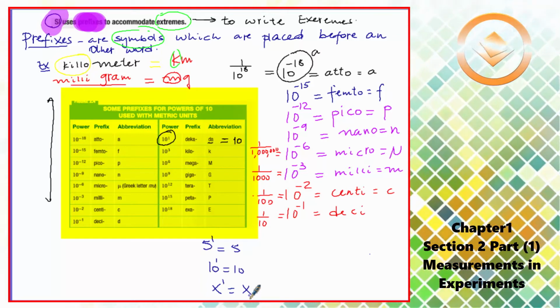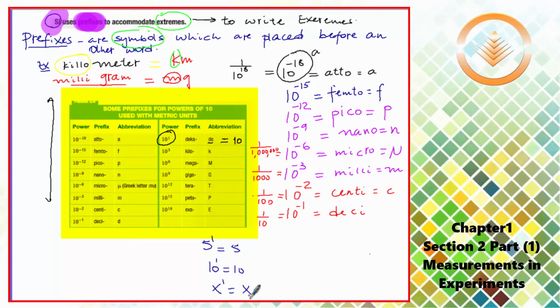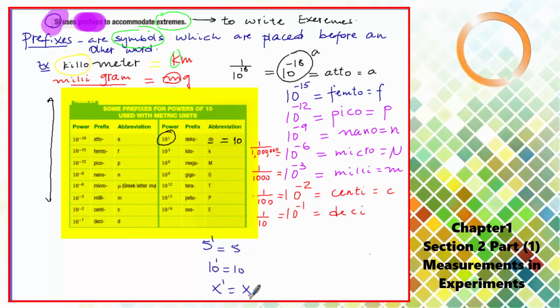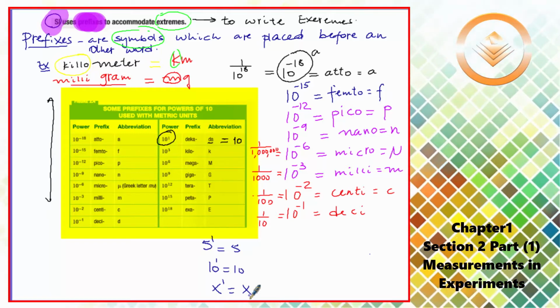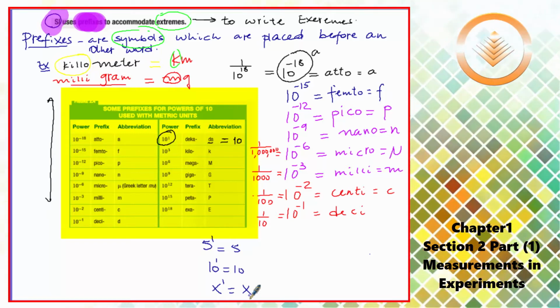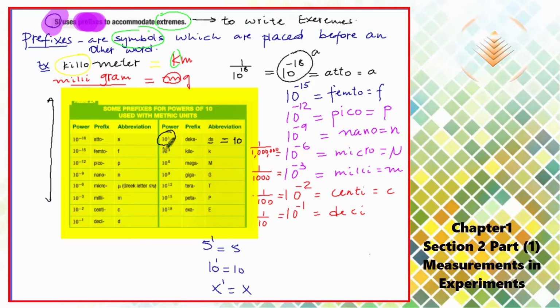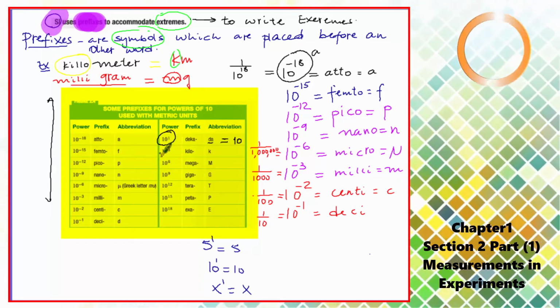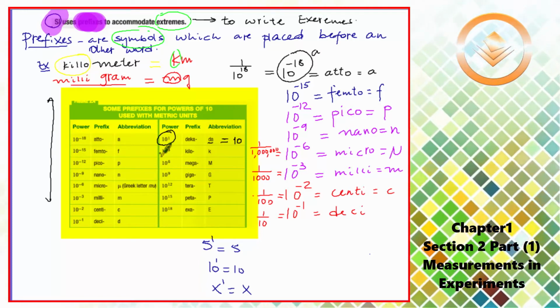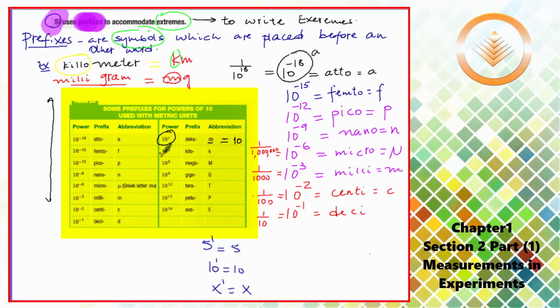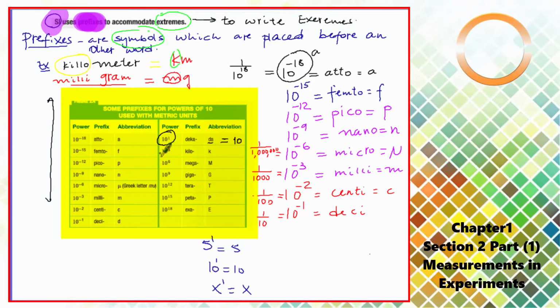And the other one, if you like, is 10 to the power of 2, which is called hecto. The next one is 10 to the power of 3. It means you multiply 10 three times. I hope this is from your mathematics background.